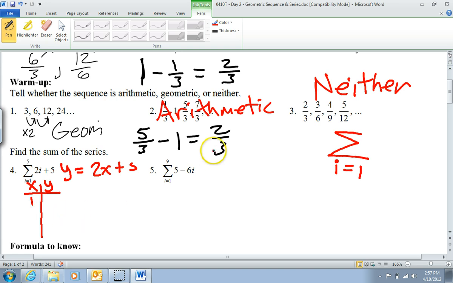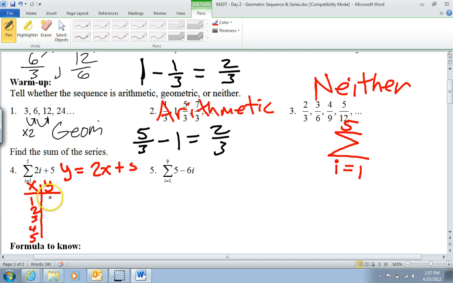What does this number at the top tell us, this 5? Right, it tells us where to stop. We stop at the 5th number. So when you look at your table on your calculator, we're going to do 1, 2, 3, 4, and 5.